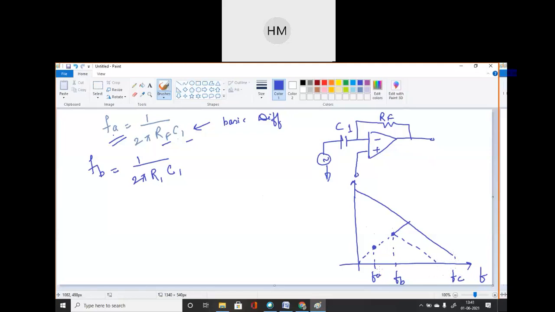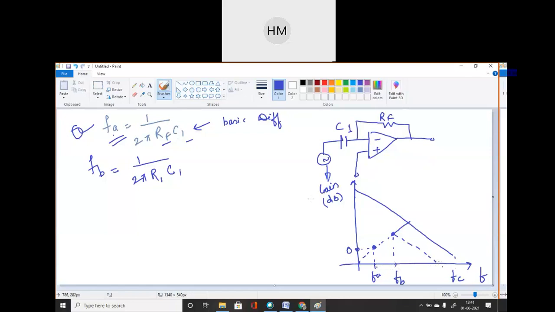So what I will say, this FA is the frequency for 0 dB gain. This is my gain with respect to frequency plot in decibels. तो जब मेरा gain 0 है उस टाइम पे जो भी frequency है that is my FA frequency. ठीक है, FA is the frequency at which the gain is 0 dB, which is given by equation number 1. Clear? FA, FB and FC is the last cutoff frequency.